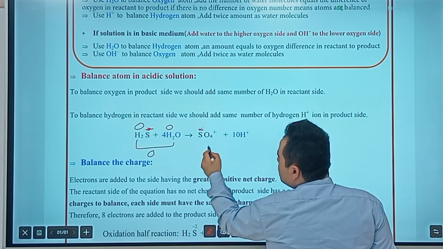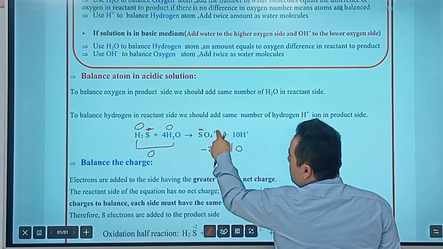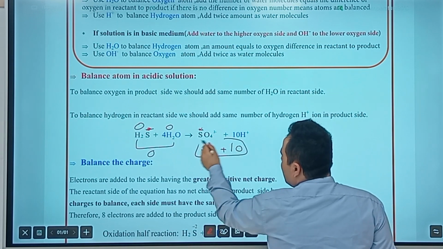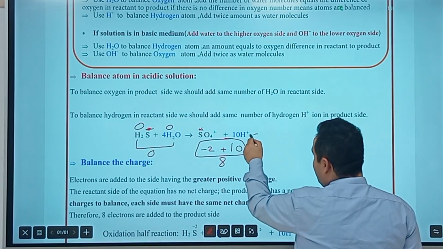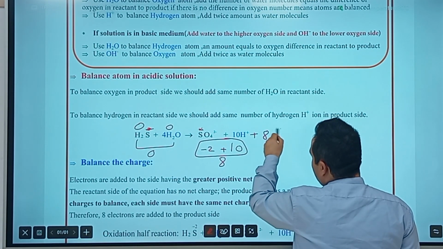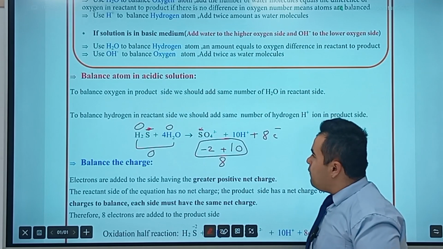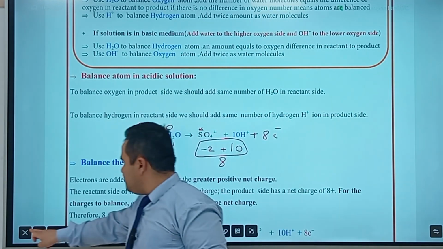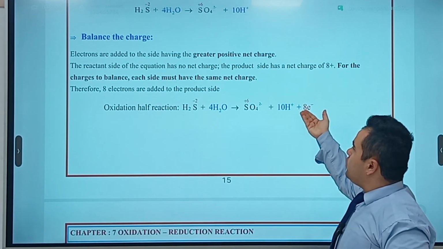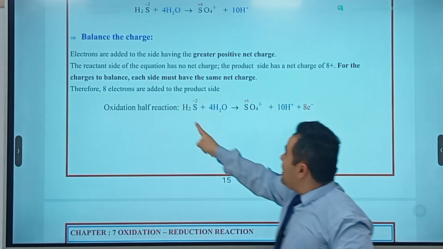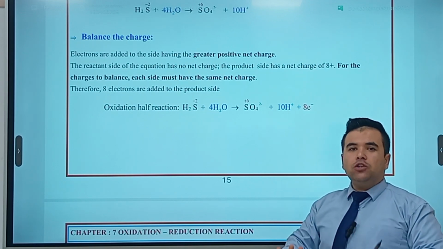Here the polyatomic is -2 plus 10, -2 plus 10 is 8. 0 to 8 as well, the same, 8 electrons must be added to the product side. That's how we can balance for the charges as well. So we added 8 electrons to the product. We have balanced the oxidation half for both atoms and charge.